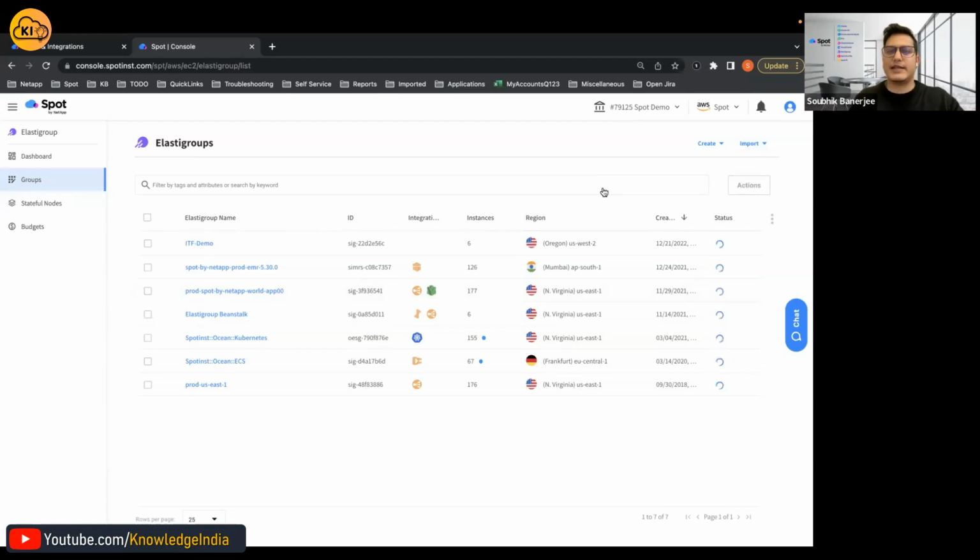In case of an import, the cloud native features, for example the VPCs, the security groups, the elastic load balancers, everything will be auto imported. You do not have to provide anything. In case you are creating it from scratch, you have to assign or create those, though they will be cloud native.